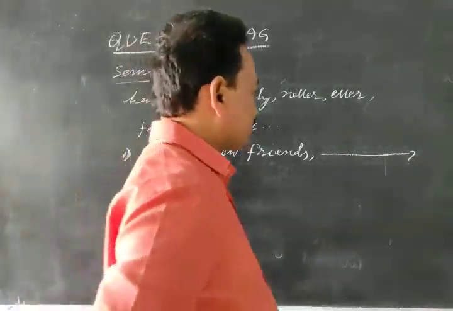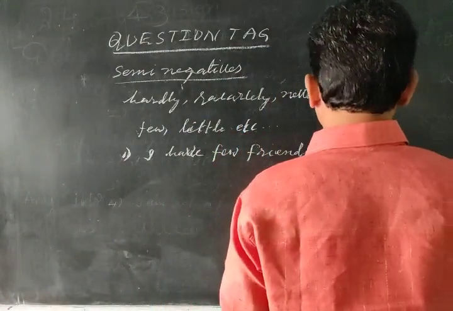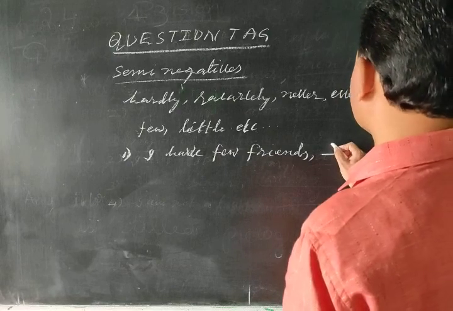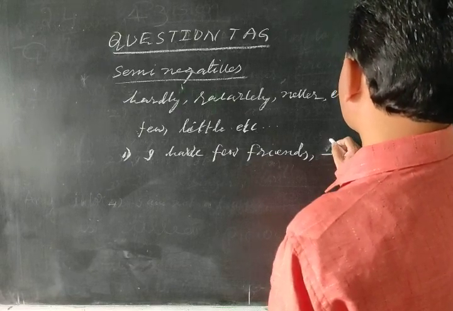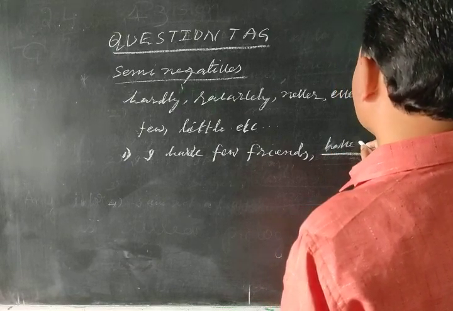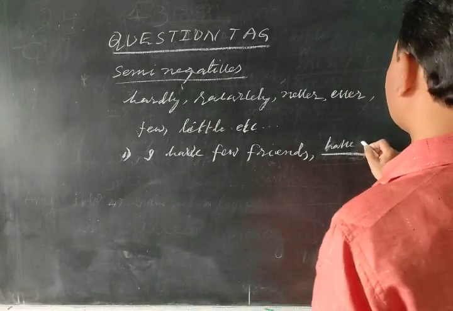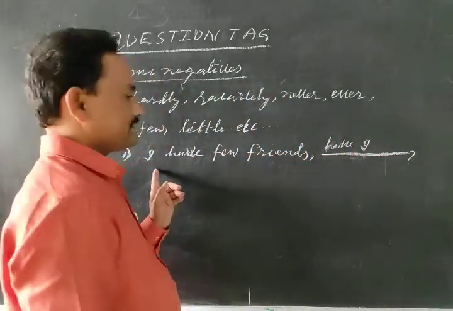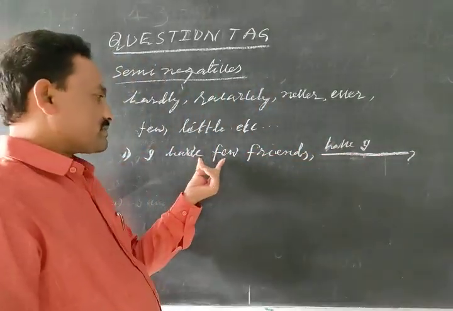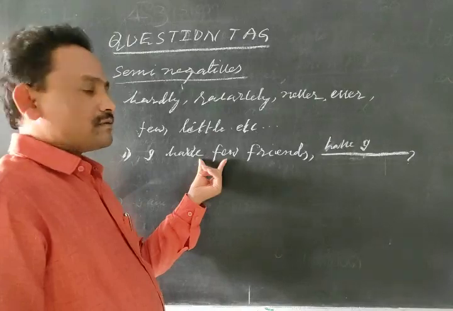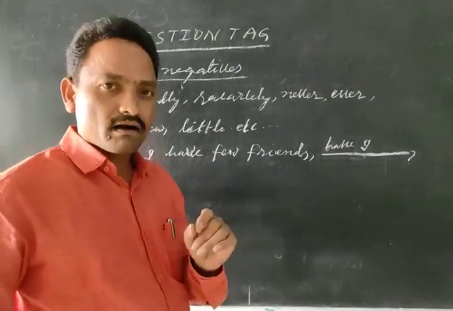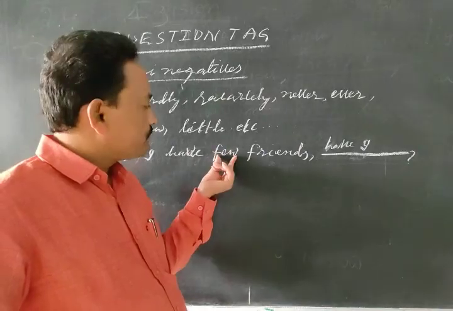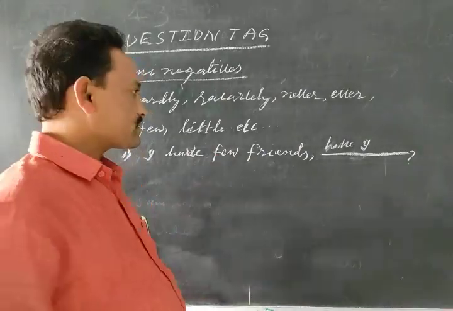So you can write here the positive question tag. First, the auxiliary verb: have I, very simple. Have I. You know, this is a negative statement, but the negative sign "not" is not given here; instead of "not", "few" is used here. Remember.